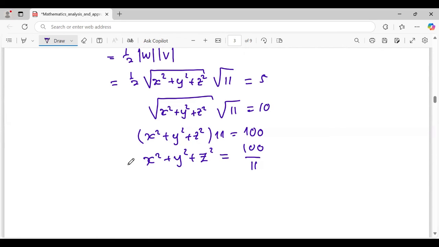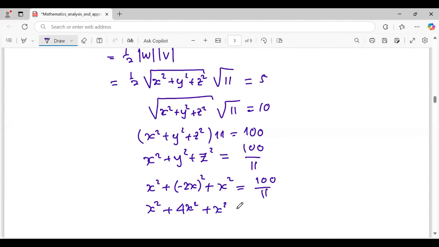And my previous result is Y equals minus 2X, so it becomes minus 2X squared, and Z equals X, so it is X squared. X squared plus 4X squared plus X squared equals 100 over 11.